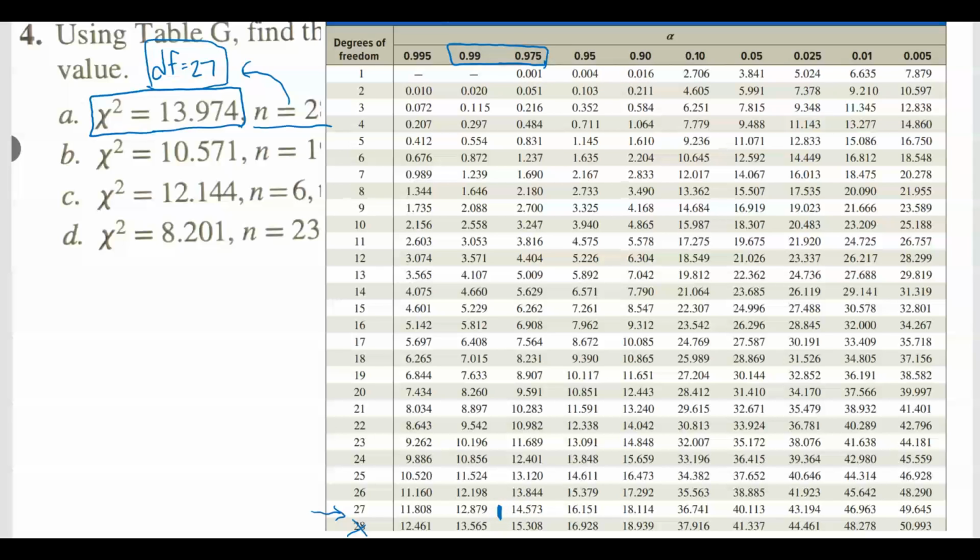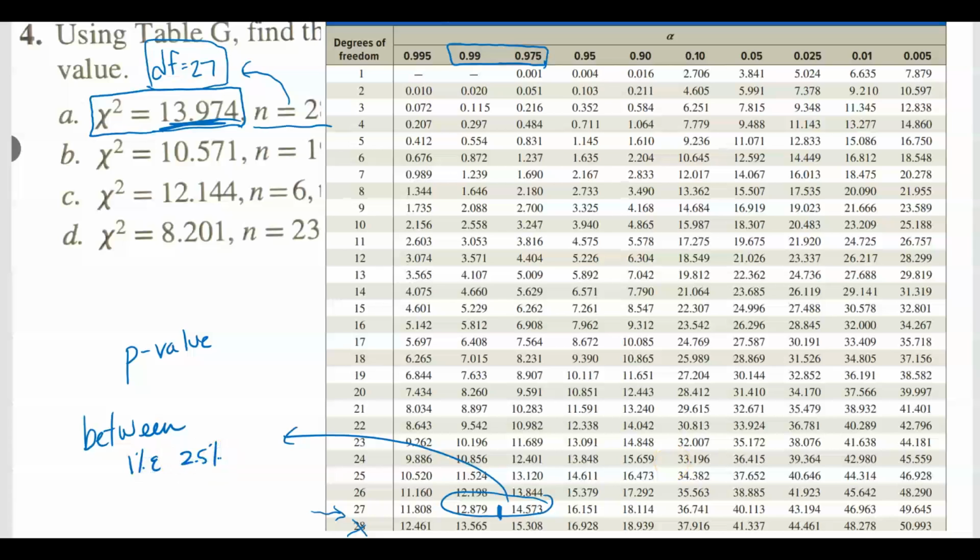Now, this is a two-tailed test. So you should say it's between 1 and 2.5%. The probability of getting this value is anywhere between 1 and 2.5%.